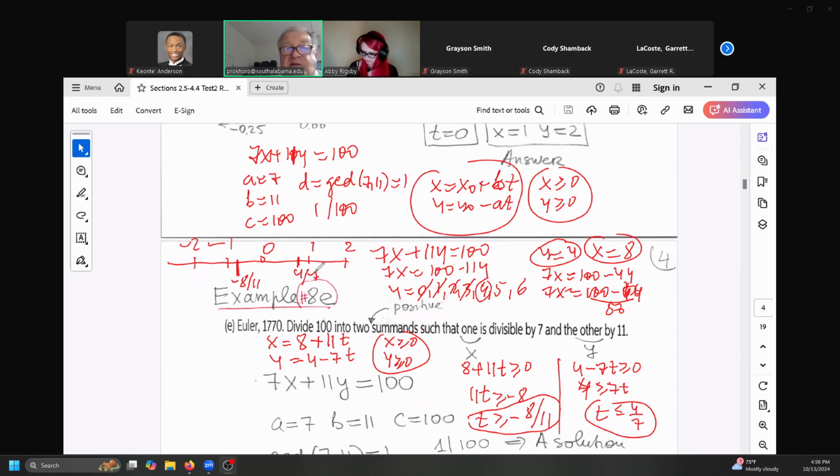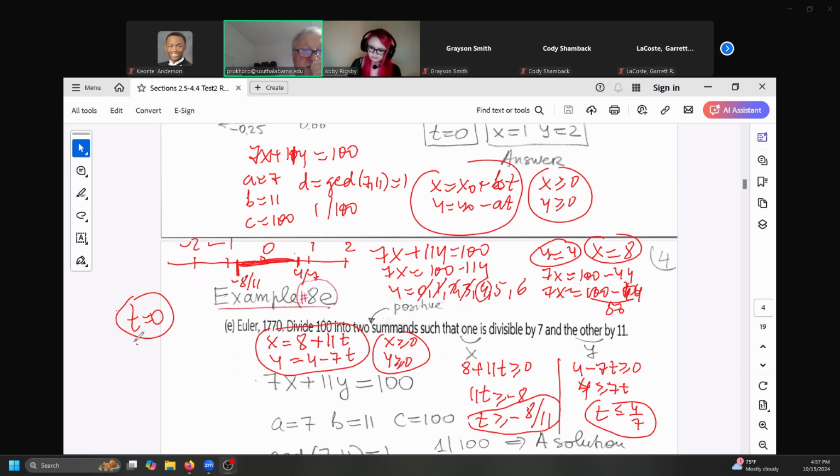On this interval, we need to find integer points. How many integers t do we get between negative 8 over 11 and 4 over 7? Just 1 point, t equals 0. So how many non-negative solutions? The answer is only one solution, for t equals 0.